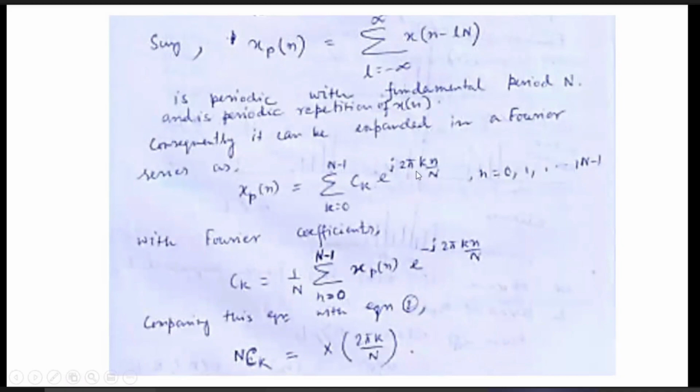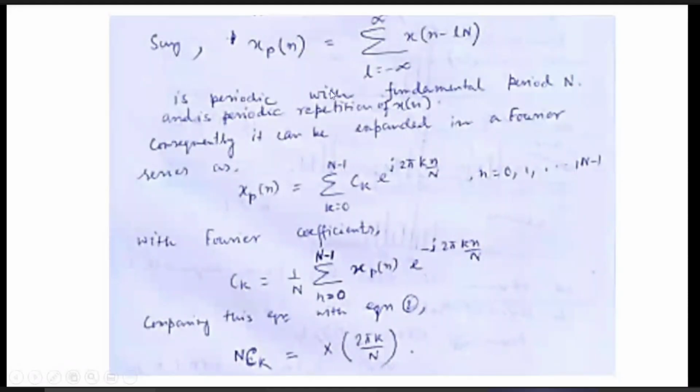Since this is a periodic signal, we can apply the Fourier series concept, although it is generated from your original signal x of n.